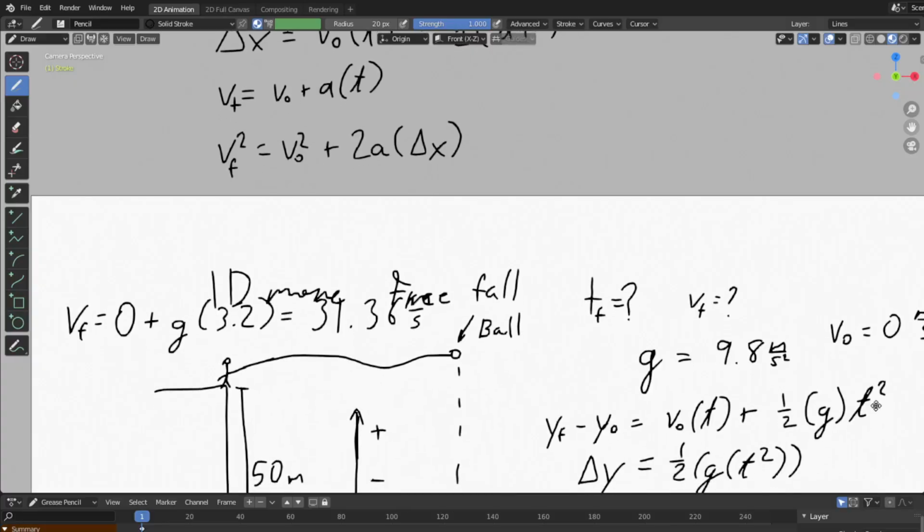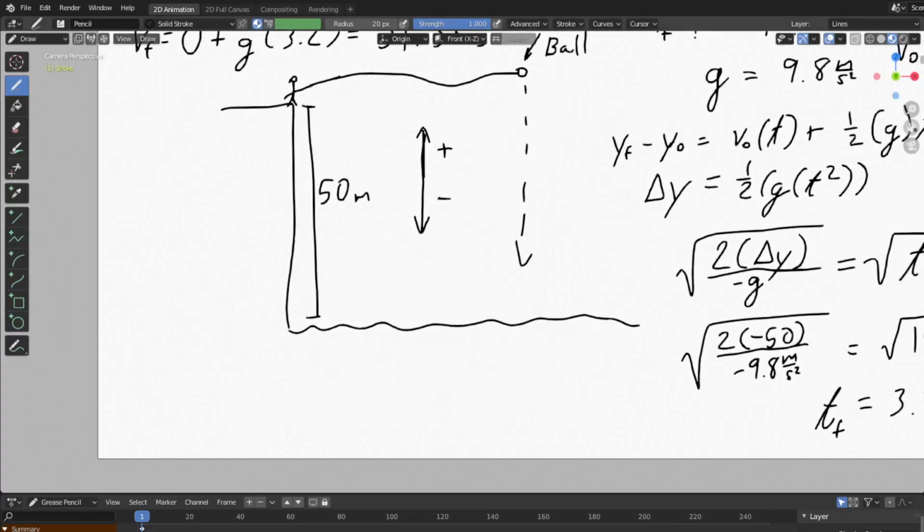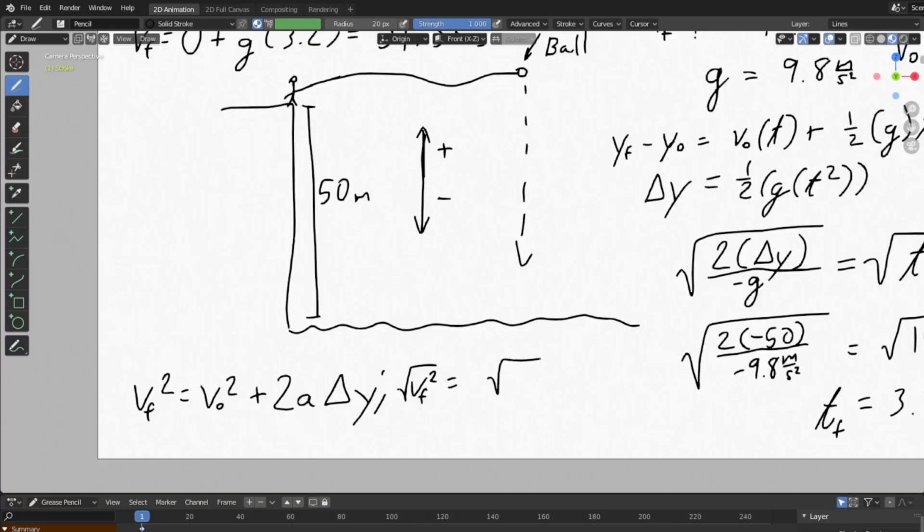And say, okay, vf squared equals v naught squared plus 2a delta y, meaning that through a quick derivation we get that the square root of vf squared equals the square root of 2 little g delta y.